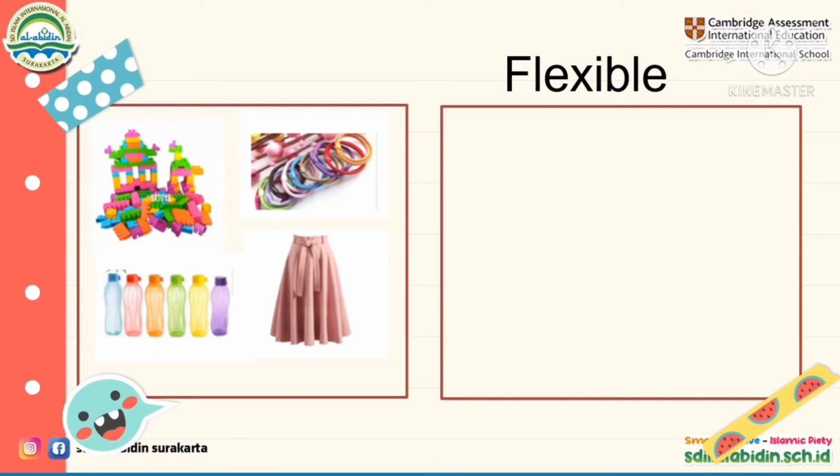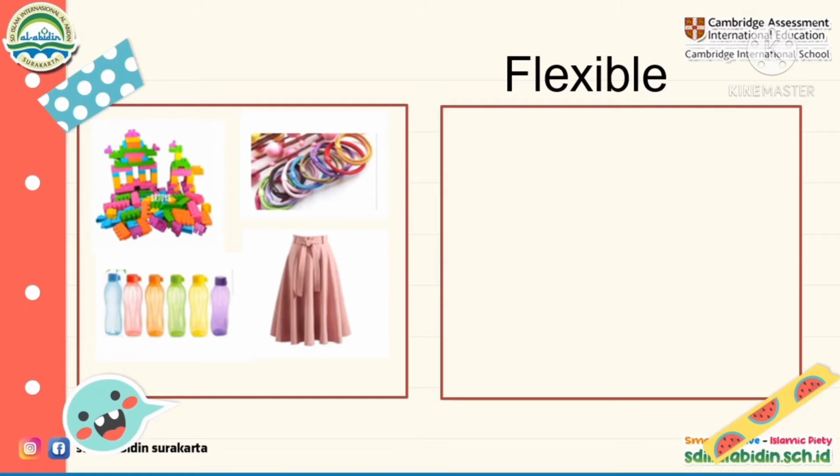So we can choose which one is flexible. Is it Lego, bottles, the dress, or the rubber bands? What do you think? Who knows which one is flexible? Is it the bottles? What do you think? So let's see which one is the flexible one.